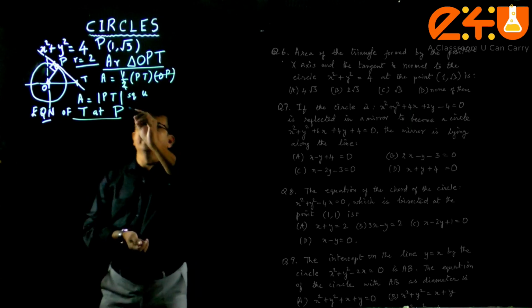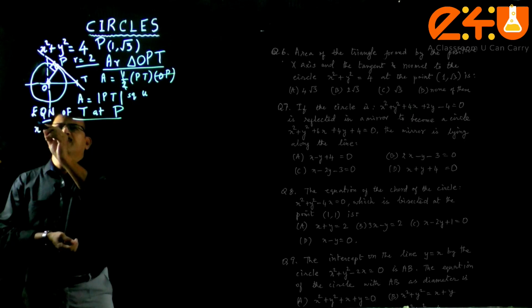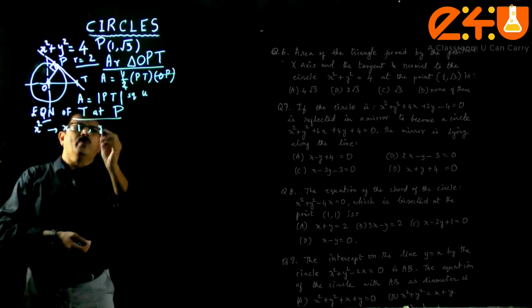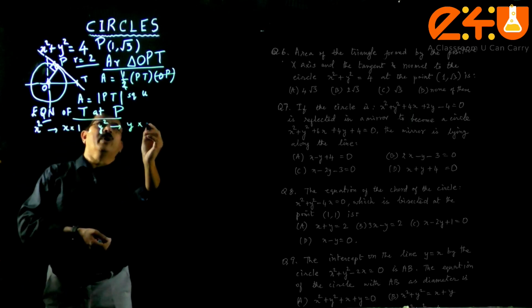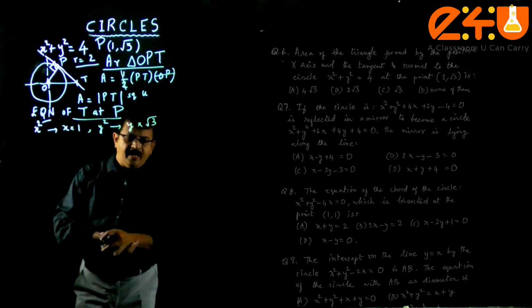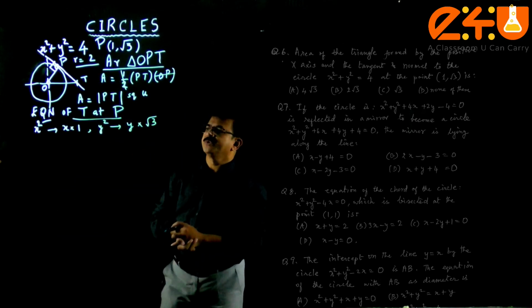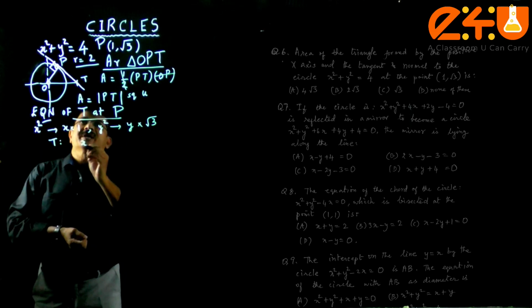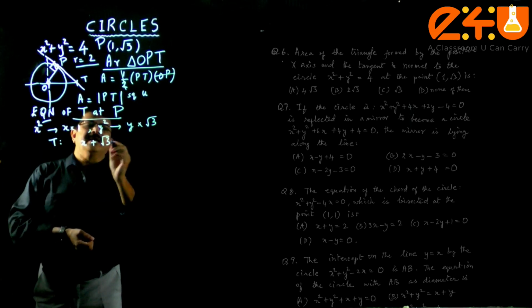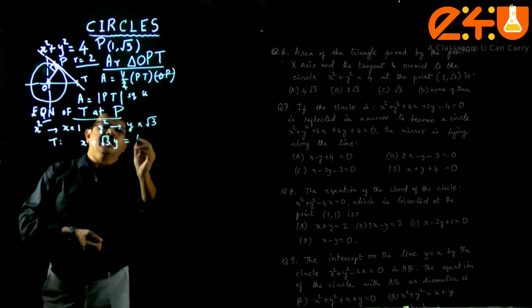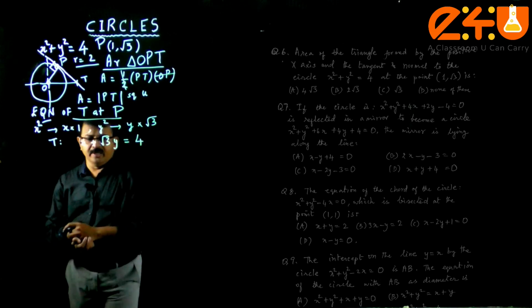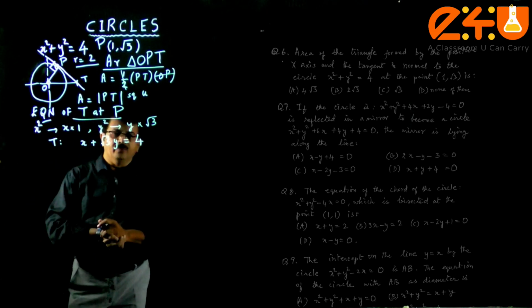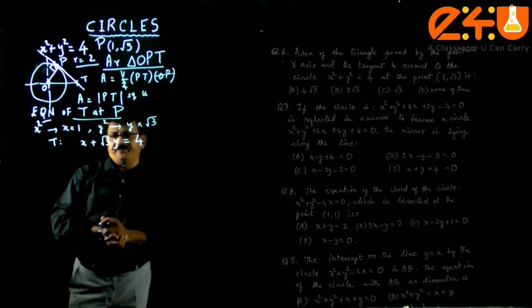As we saw in the theory class, you replace x squared with x into x1, y squared with y times y1, and nothing to do with the constant, you leave it as it is. So you get the equation of tangent as 1x plus root 3 times y equal to 4. No change on the right hand side, 4. So x plus root 3y equal to 4 is the equation of tangent.